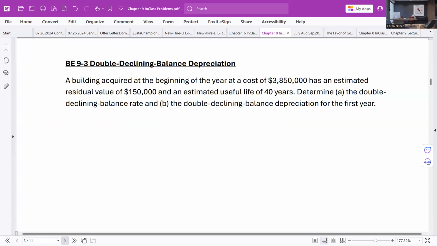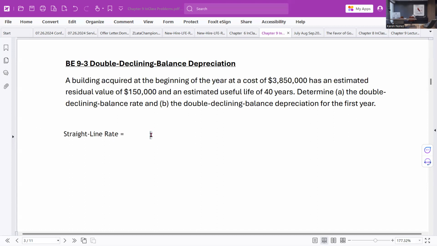Let's look at the double declining balance method of depreciation. We need the rate first, the DDB rate. The DDB rate is based on the straight line rate, so we need to find that first. The straight line rate is based on 100% divided by the estimated useful life.